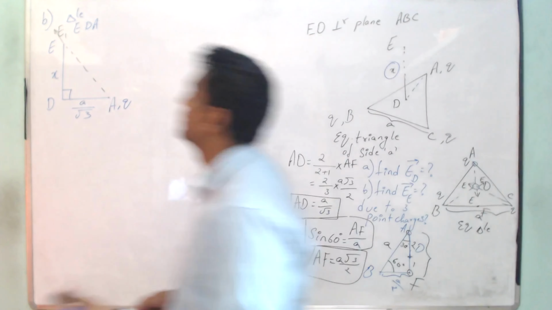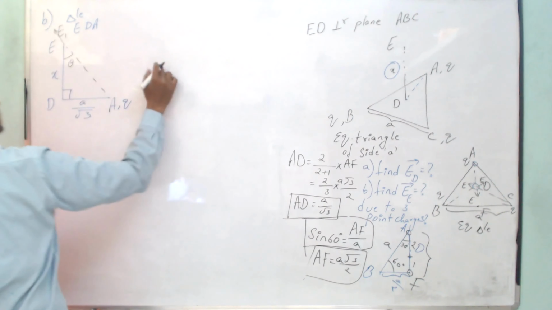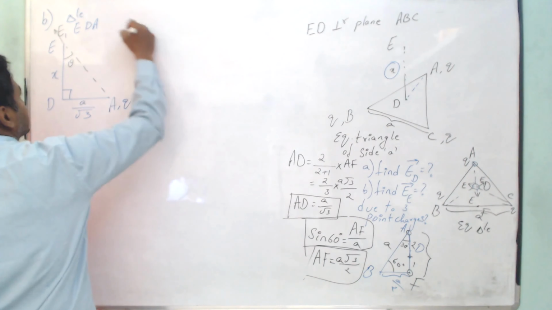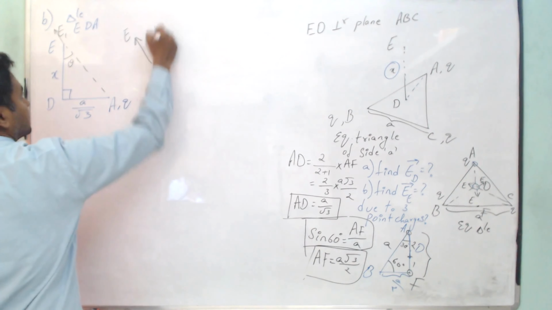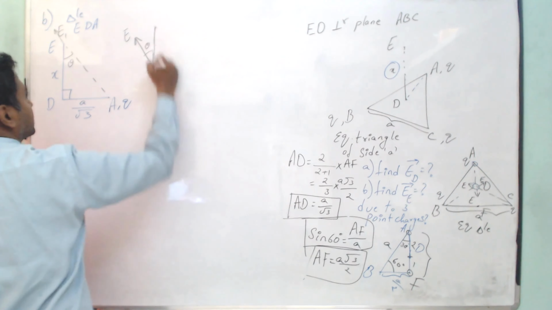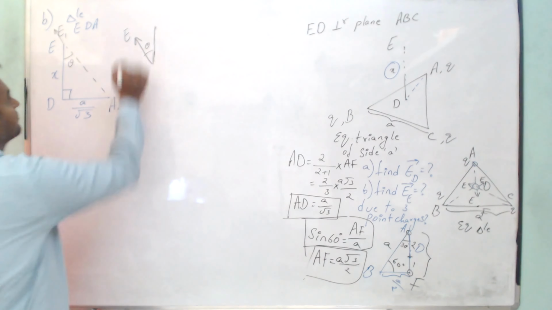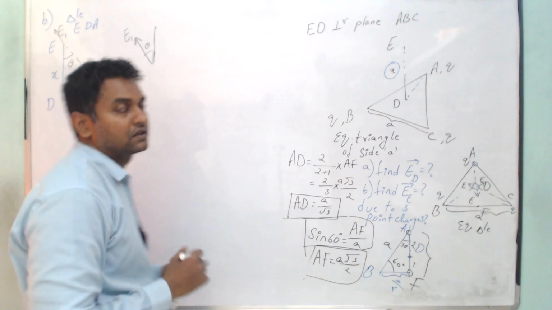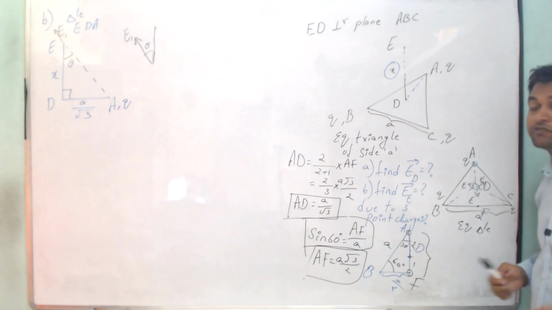Now, if this angle is theta, I will draw this over here. My E1 is like this, and this line makes an angle theta with the vertical. सही है क्या? E would be 60 degree. नहीं, वो हमें कैसे पता? Which angle are we talking of?